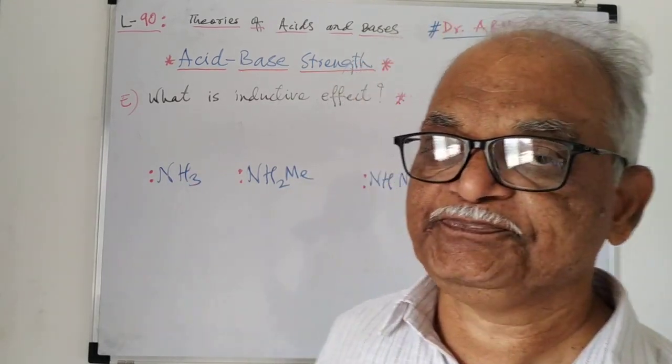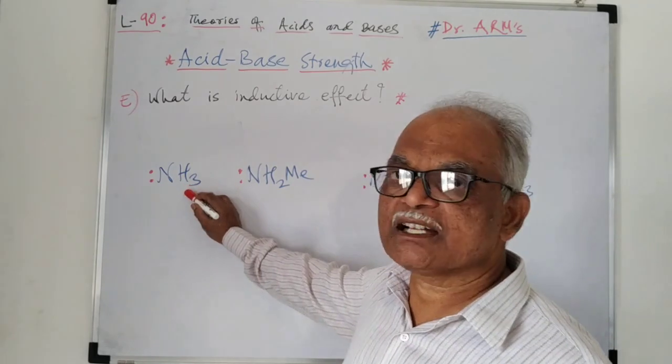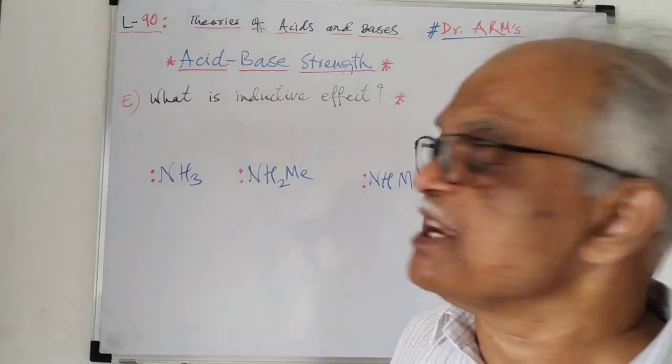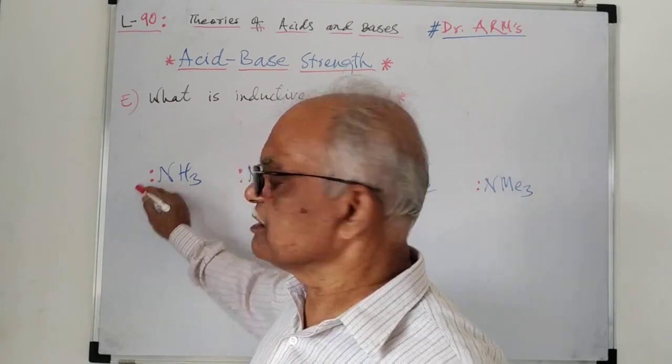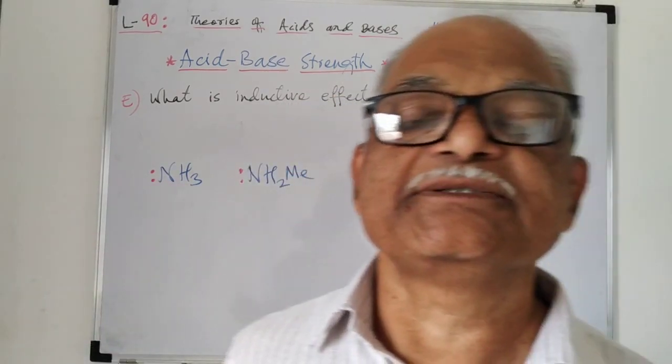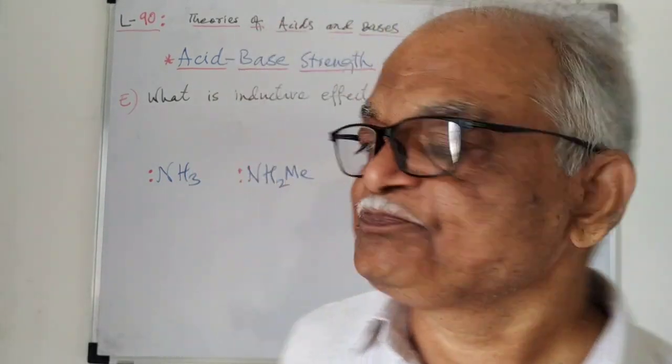So these hydrogens are much less electron supplying, and therefore this electron pair can be donated to the Lewis acid.